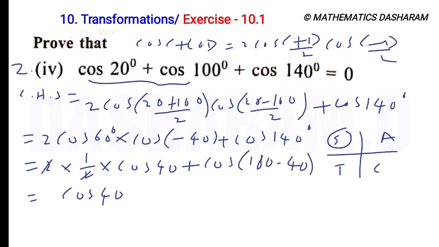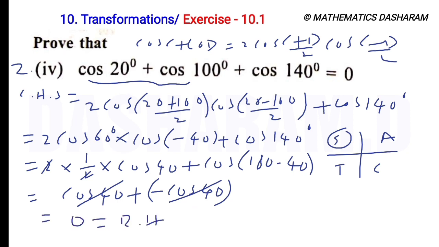Silver means sine and cosec are positive, and the remaining are negative. So cos 180 minus 40 will become minus cos 40 degrees. So plus cos 40 minus cos 40 cancel, it is equal to 0. So RHS, hence proved.